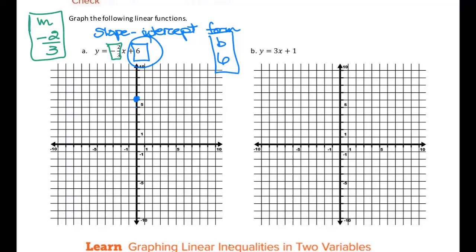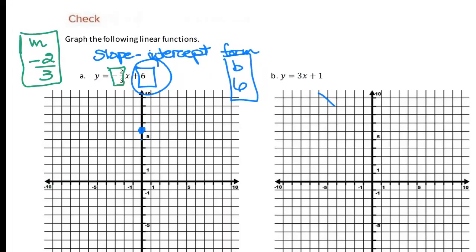And from that point, we're going to use our slope. And just like we talked about, it's a negative slope. So I'm going to go and put the negative with the 2. That means I'm going down 2, 1, 2, and 3 to the right. So down 2, 3 to the right, 1, 2, 3.